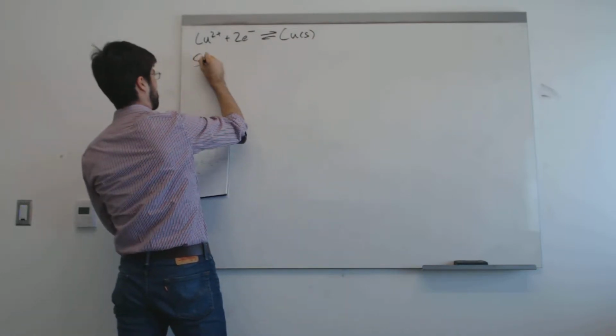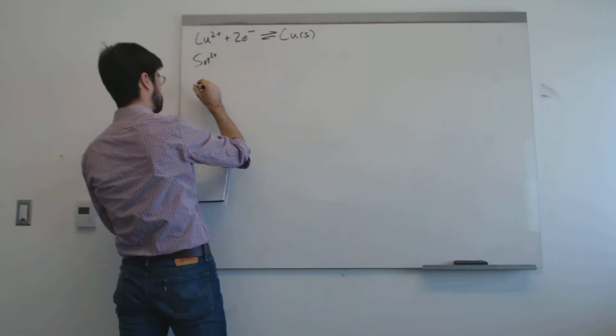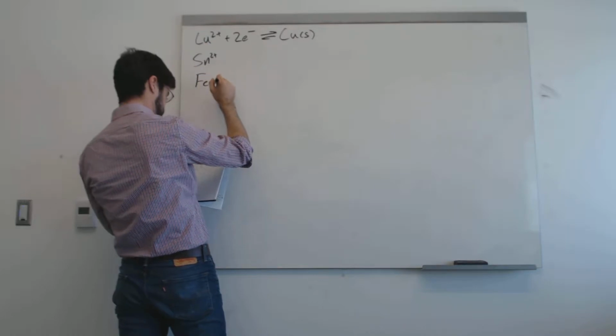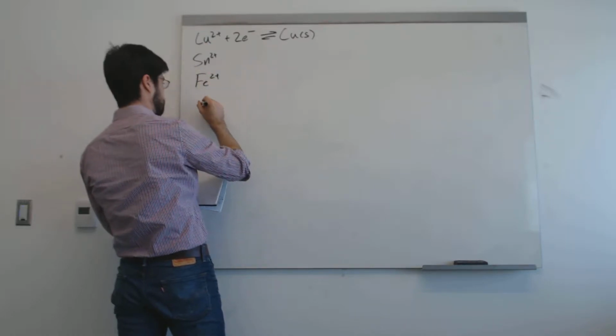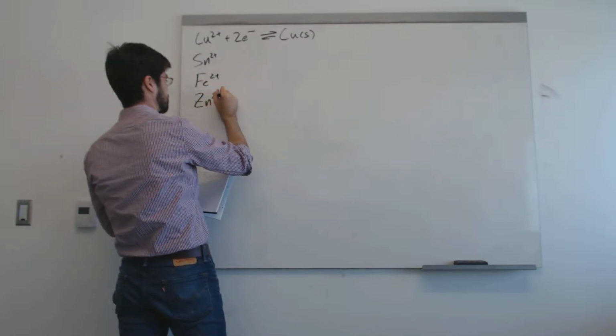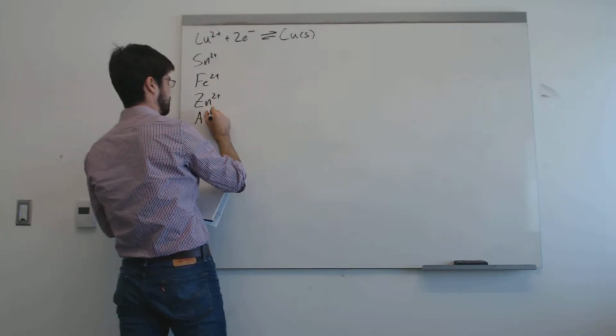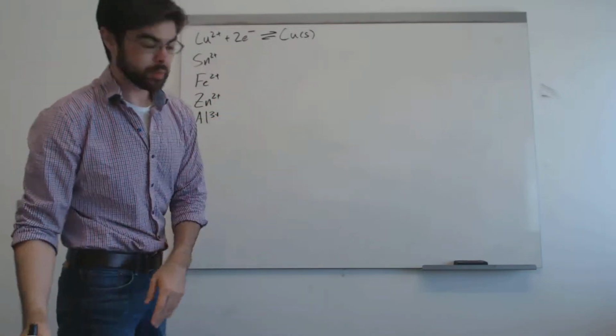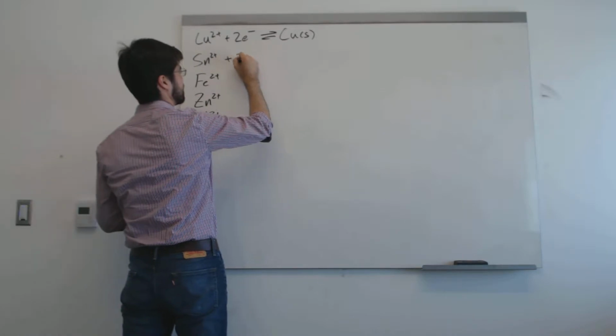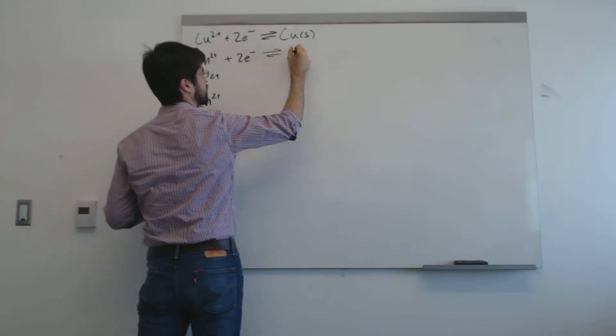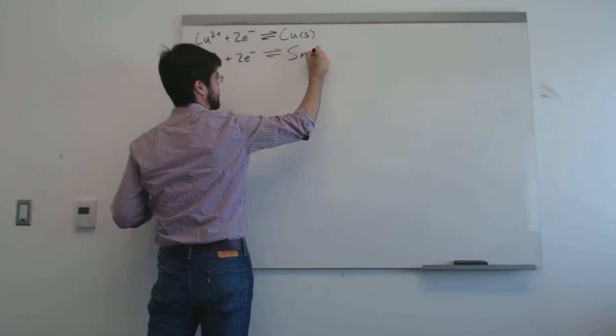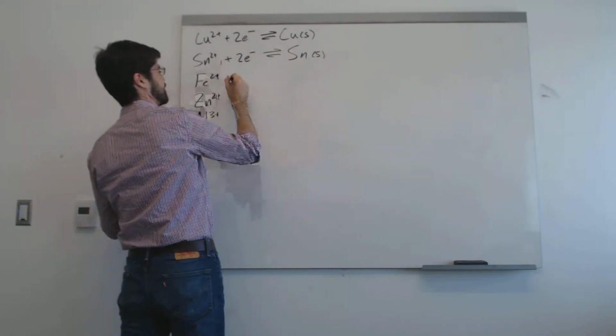I could also have tin, iron, zinc and aluminum. And I'm going to write all of these being reduced to their metallic forms.